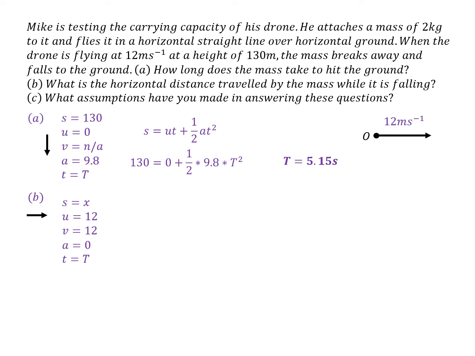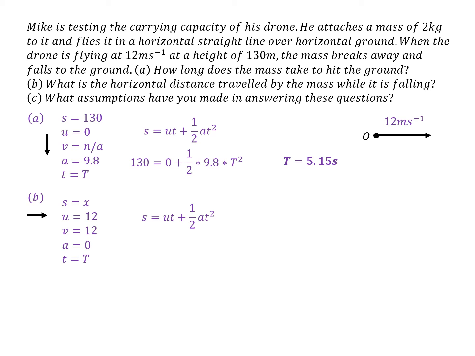But if I did, I would use the formula. I can use any one of the formulae really, because I know what T is, except any of the ones that's got S in it. So I may as well use the formula that I had for the first part, S equals ut plus half at squared.